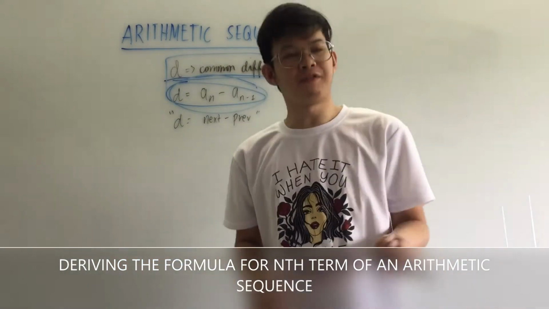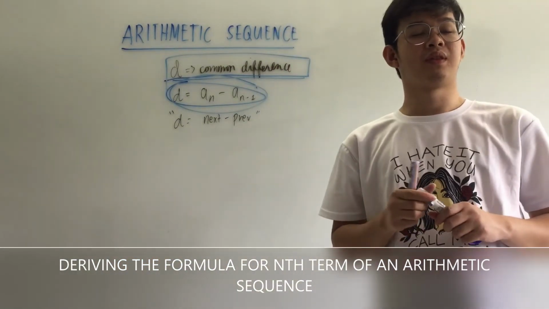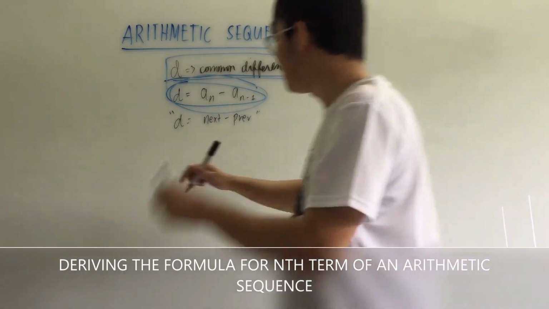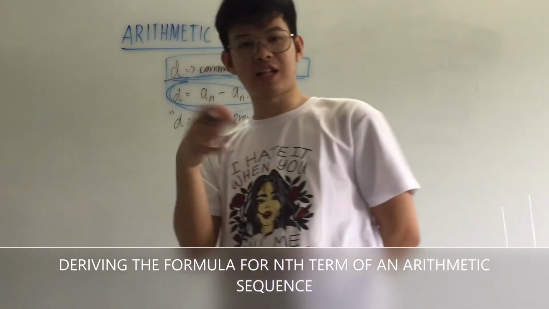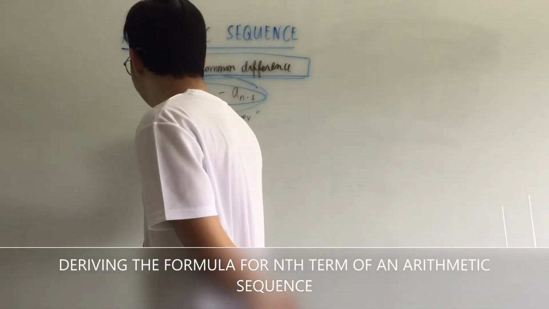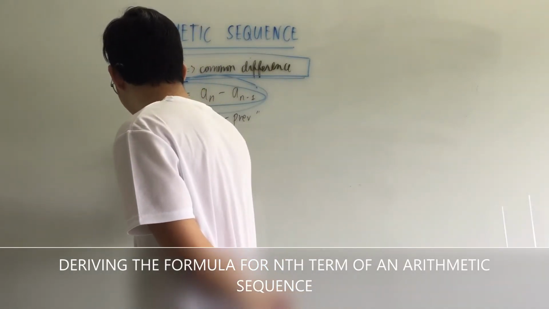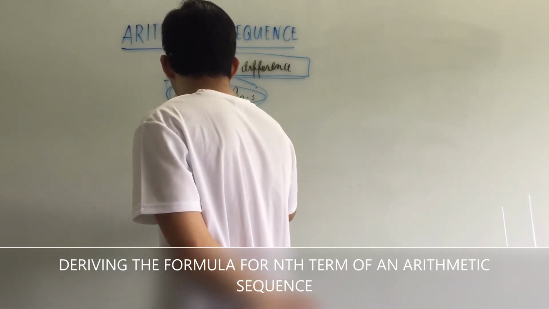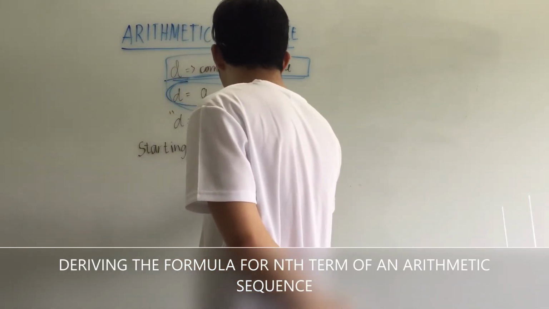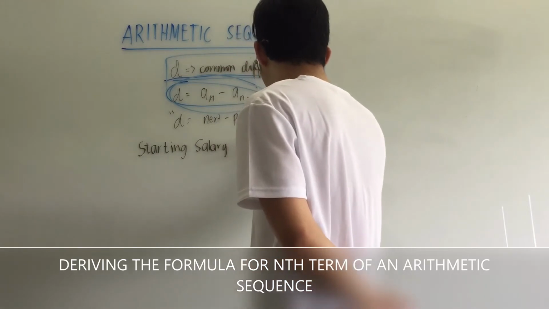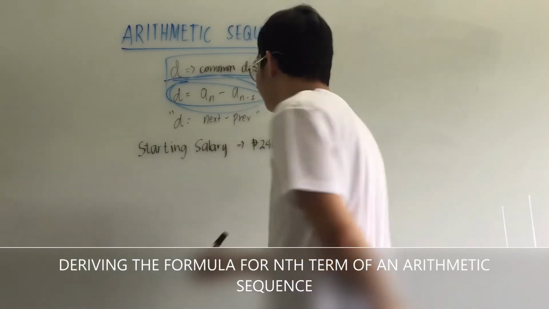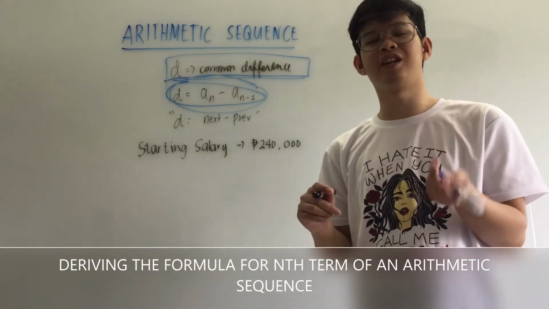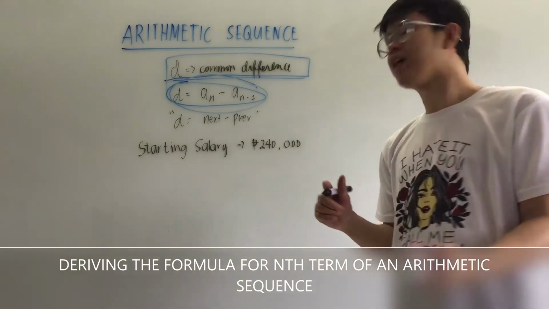Okay, so Jeffrey was offered a salary for a company. Let's try to solve the problem here. The starting salary is 240,000, whereas every year his salary could increase by 20,000 per year.